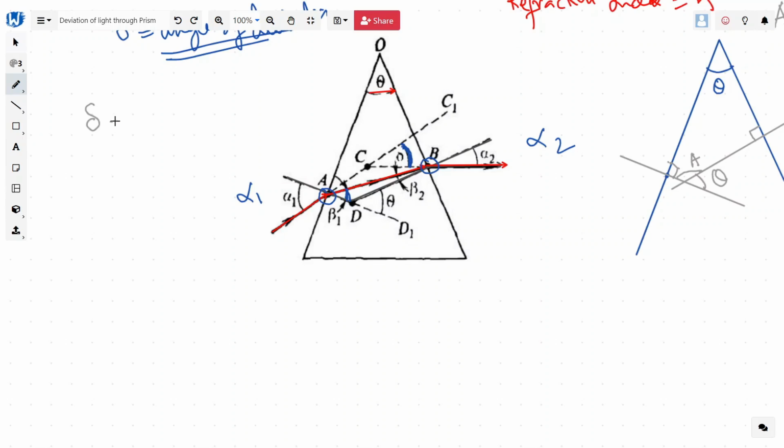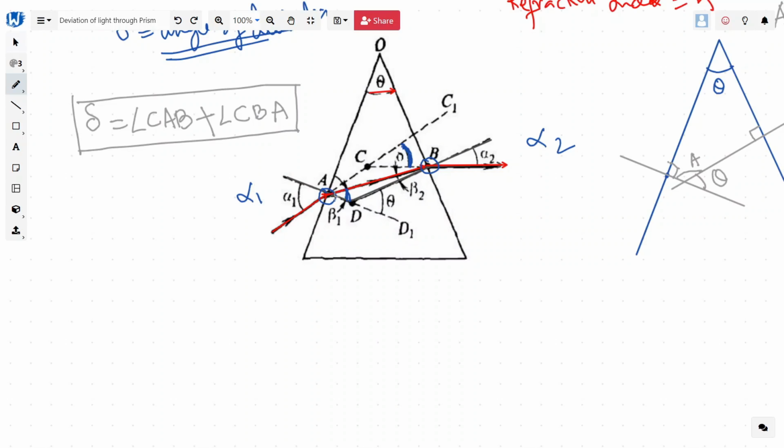So delta is nothing but angle CAB plus, now the light was going in that direction and then again got deviated, so this angle, which is angle CPA. So this is our delta, and this is what we want to find out, how much the light is going to deviate when incident on the prism and passing through it.